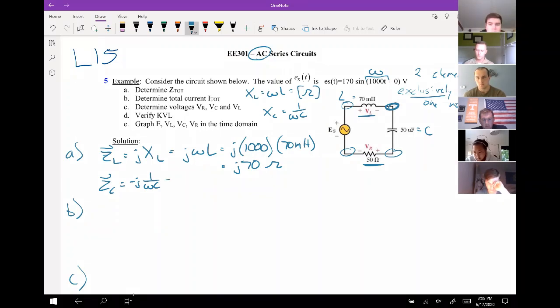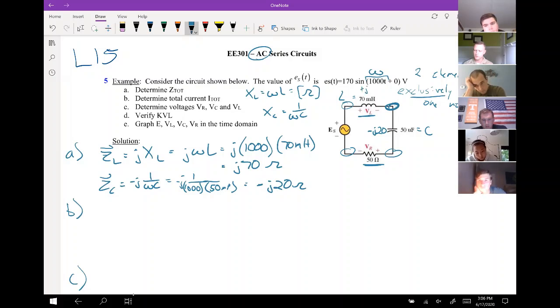And so I can plug in this, negative j 1 over 1,000 times 50 microfarads. And that comes out to negative j20 ohms. So if you could, write negative j20 here, and right here, positive j70, just to remind yourself that those are the ohms that are getting plugged in.